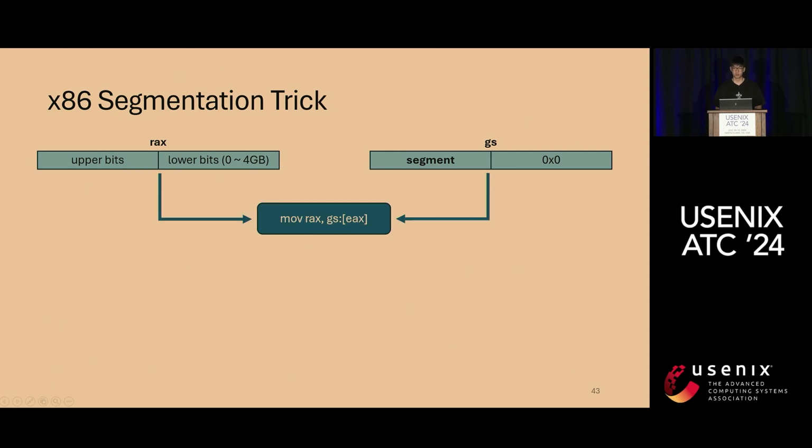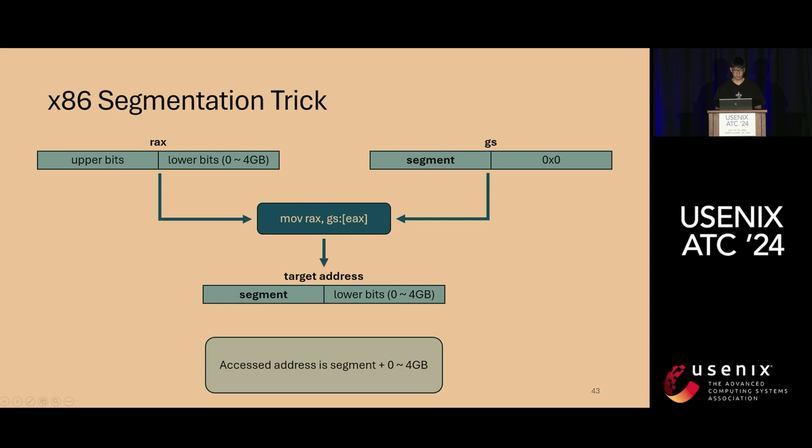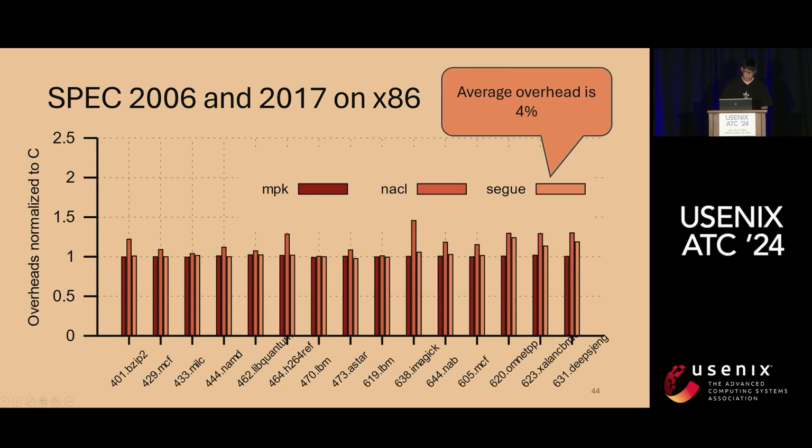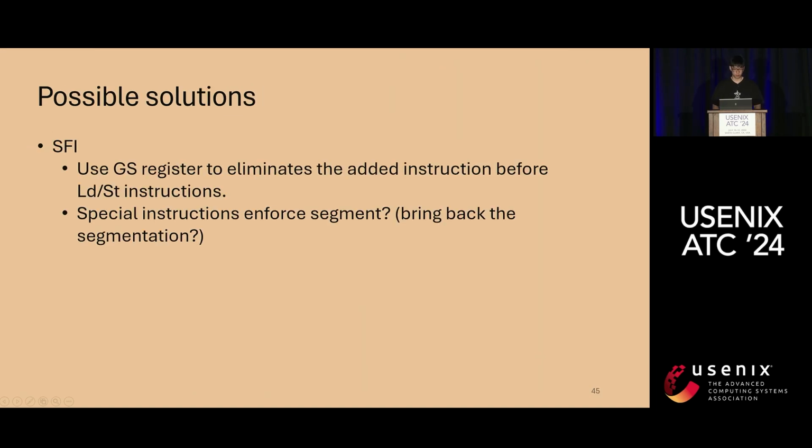This move instruction uses the lower 32 bits of RAX and the GS register to calculate the final target address. Hence, we achieve the same isolation as previous slides. This trick can bring down the overhead to just 4%. So for SFI, the use of the GS register can eliminate the added instruction. So maybe we can implement a special mode of instructions where the segmentation is forced automatically.